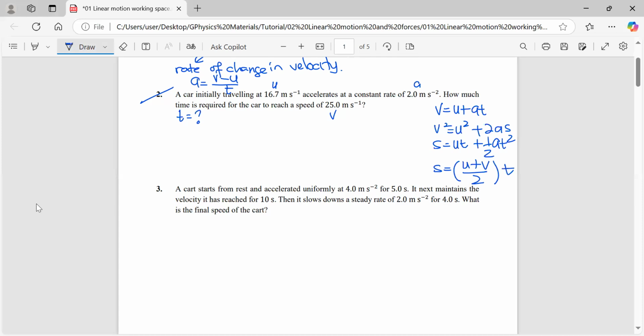This basically relates to the average distance traveled by the object, so you don't find the acceleration in the formula. But this is also applicable, you can use it.